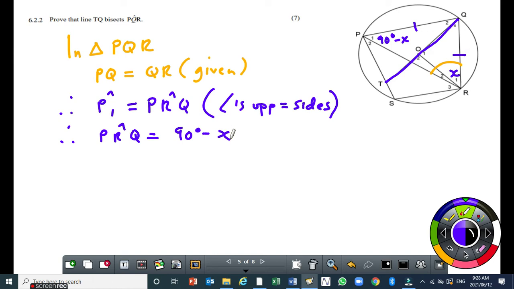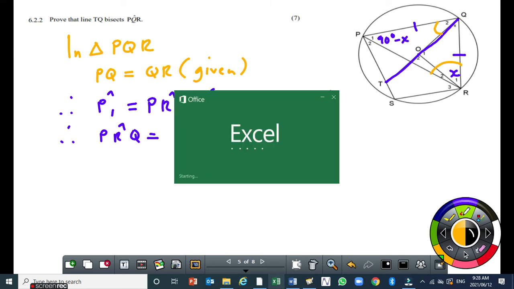Remember the goal is to prove that Q2 is equal to X. That's where I'm trying to get to. Okay? We follow this. Now, the next thing is trying to determine the size of this angle here in terms of X. That's the next thing that I have to do.